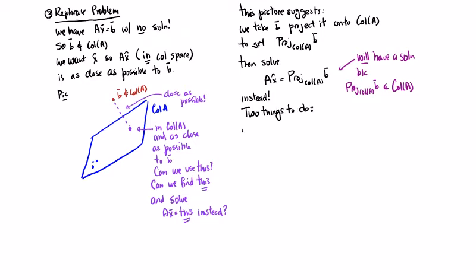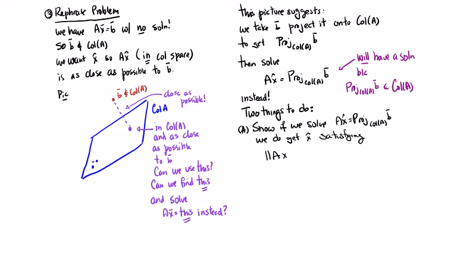All right, so there are two things to do. The first thing is to show that if we solve this thing, Ax hat equals the projection onto the column space of A of b, we do get an x hat satisfying the original equation.